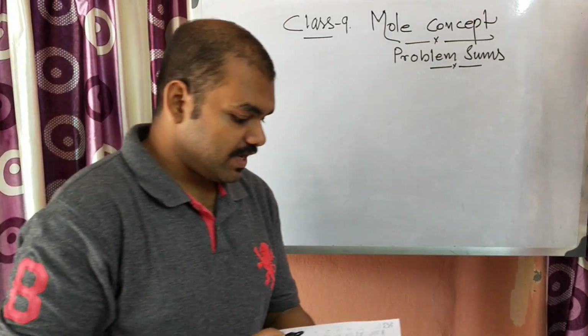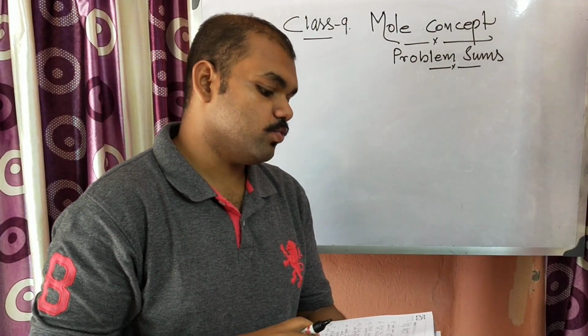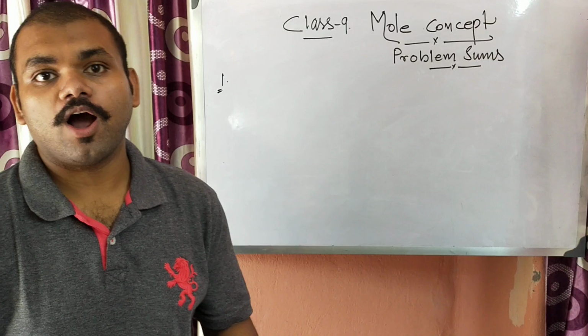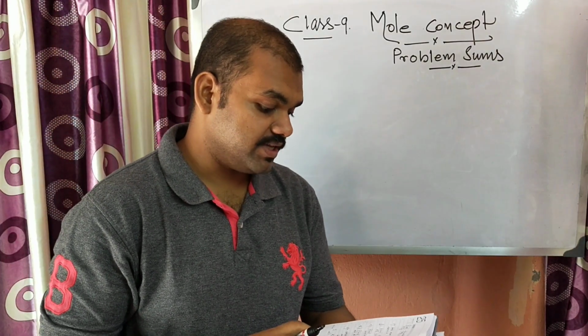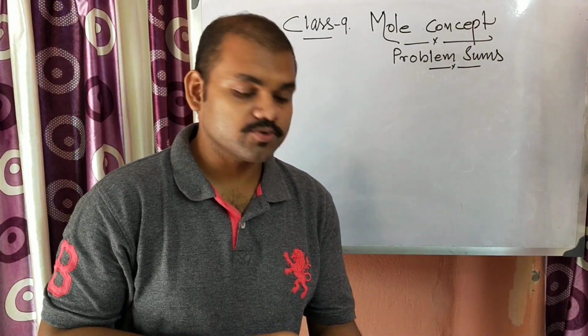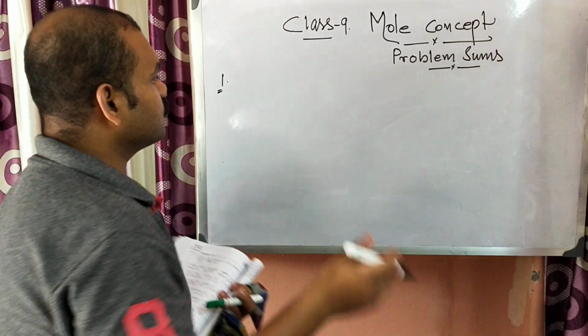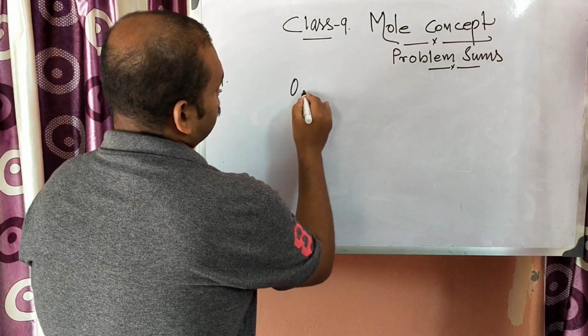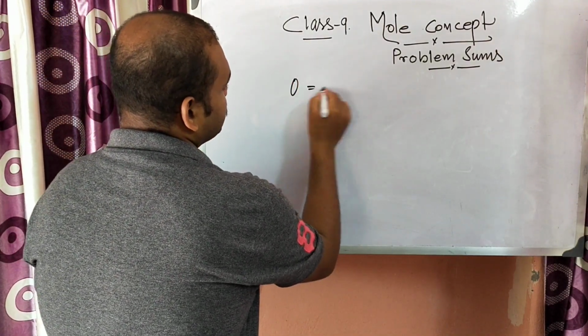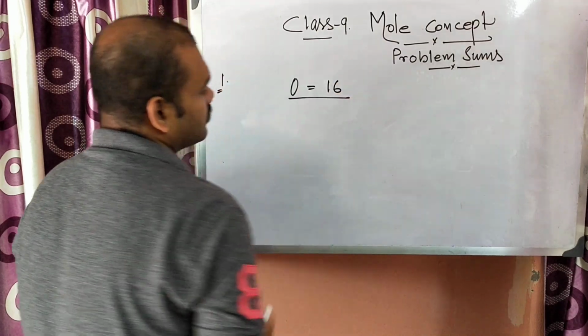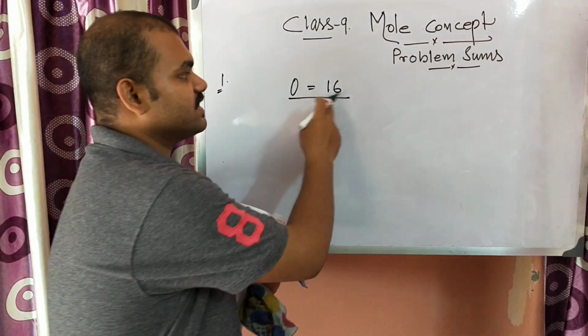How many oxygen atoms are there in 32 gram of oxygen gas? So oxygen O has an atomic mass of 16 gram.